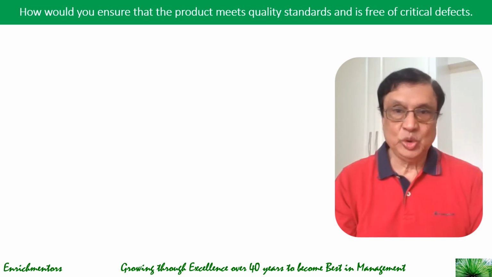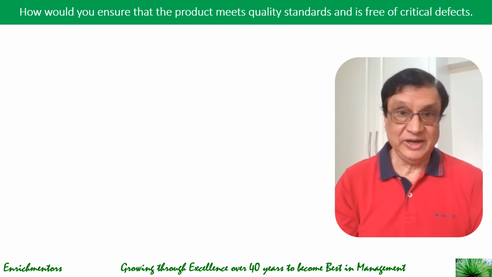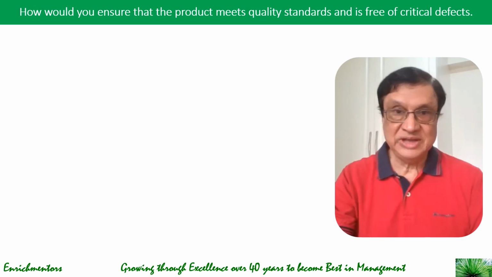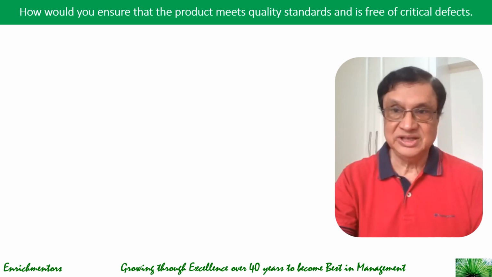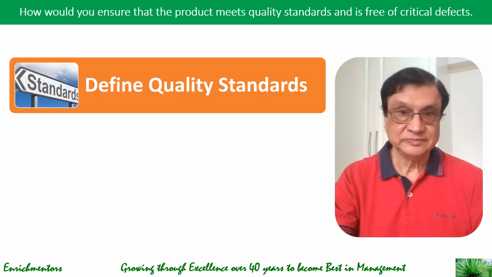And this whole process of quality assurance should be embedded into every stage of the product development process, right? And how can you do that? Let's take a look at many practices that you can use to ensure that your product meets quality standards and is free from critical defects.